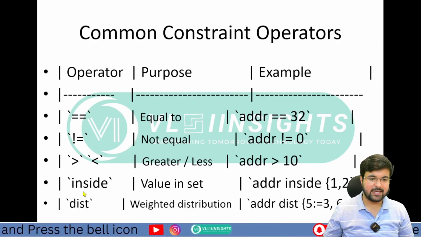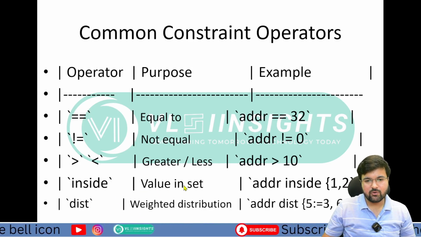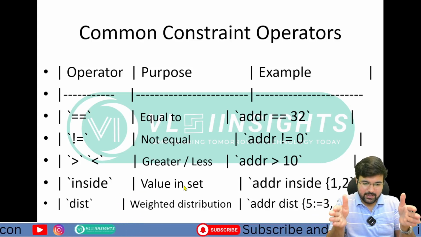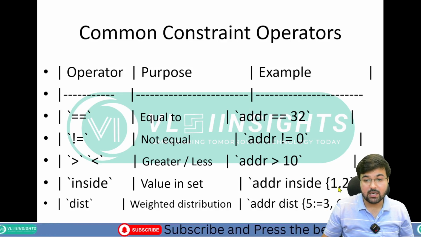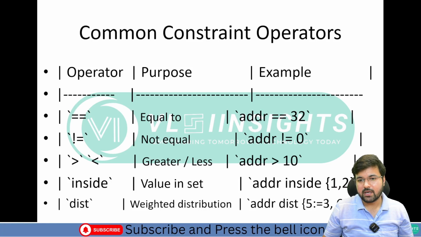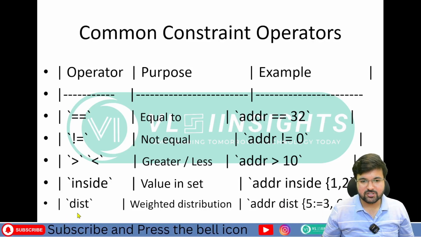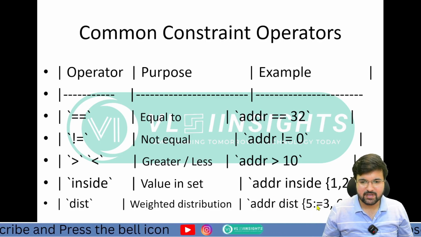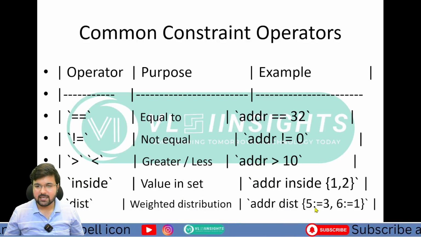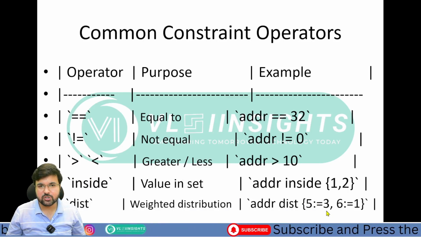And then there are some more things that we use, that is the inside keyword and the dist keyword. In the inside keyword, we are setting a value inside a set, so the randomization will occur between 1 and 2 only. It will not cross the boundaries. Similarly, in the distribution keyword we use colon-equals to distribute the value.